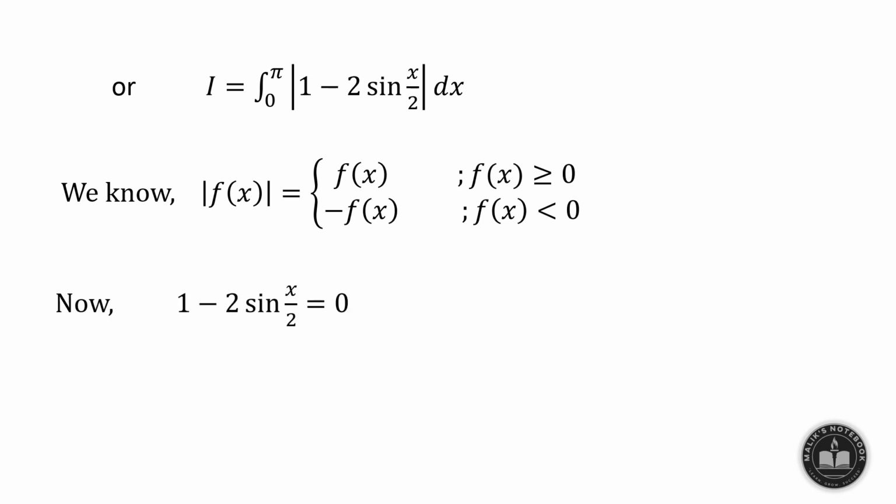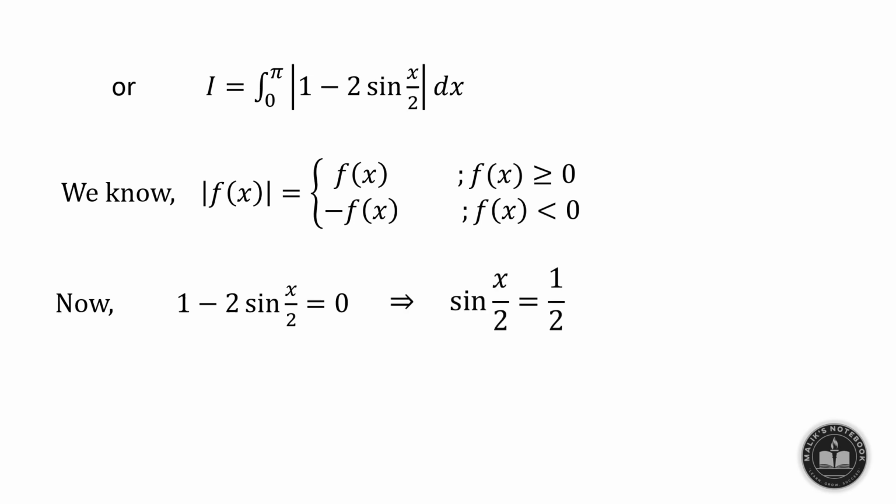So we need to find the value of x where the function 1 minus 2 sin x by 2 is equal to 0. At that value, the function crosses from positive to negative values. So the value of x at which this function is 0 would decide the limits of the integral.